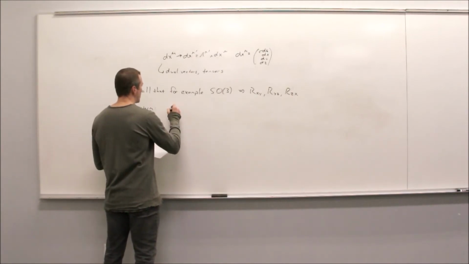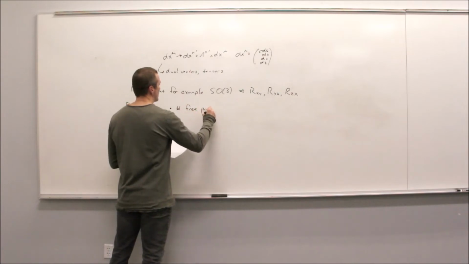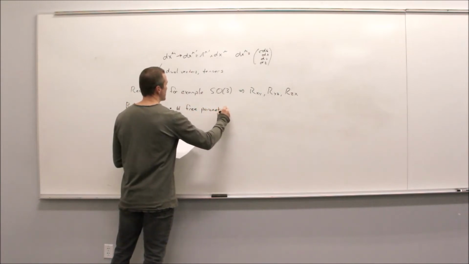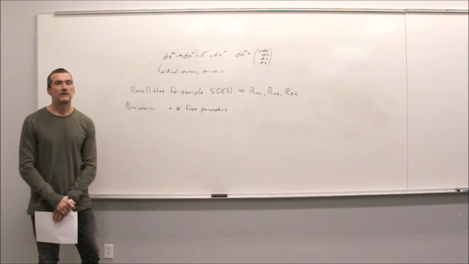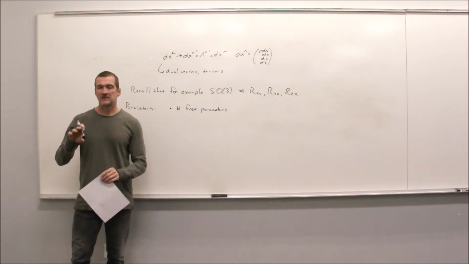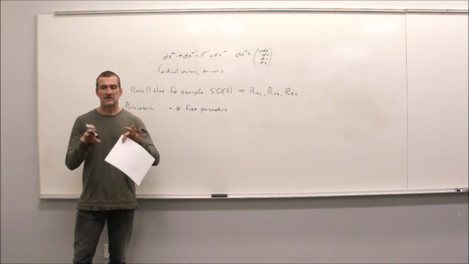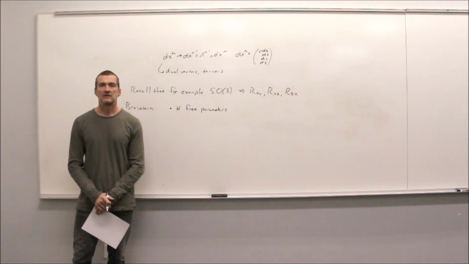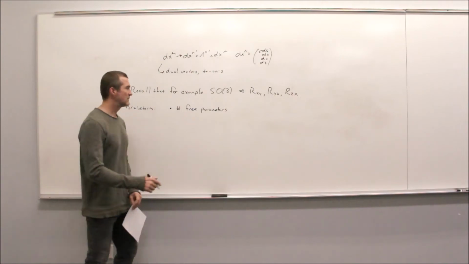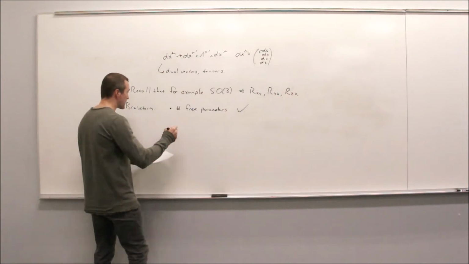For example, do you think the two groups would share the same number of free parameters? Do you think I could have a group which has one free parameter and a group which has 3 free parameters somehow be equivalent? No. So that's got to be the same.